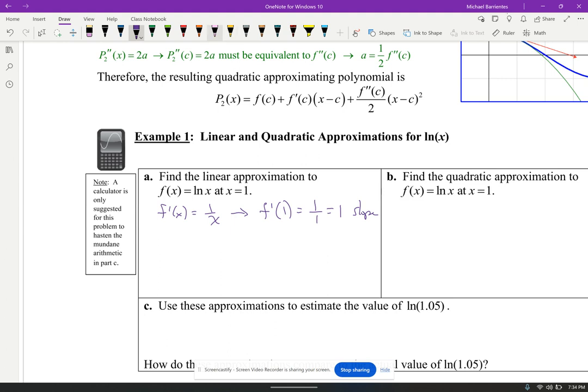I have an x value, I don't have a y value, but I can figure it out because if this is x, that means my y value is f of 1, which is the natural log of 1, which is 0. So now I have everything I need. So y equals my slope, which is 1, times x minus my x value, plus my y value, which is 0. Do I need the plus 0? I don't. But this is what I have.